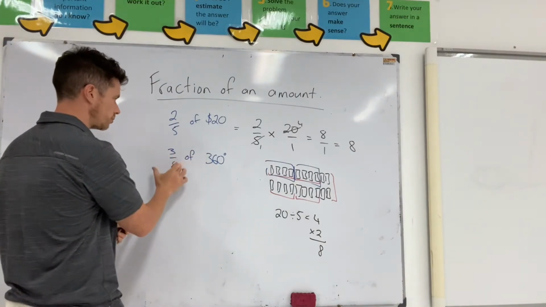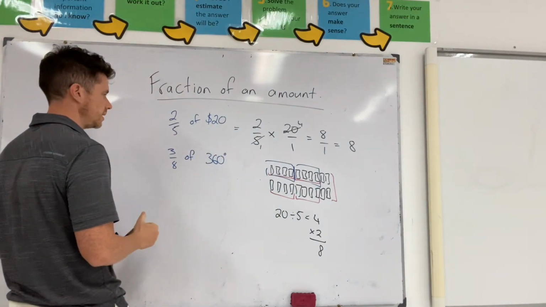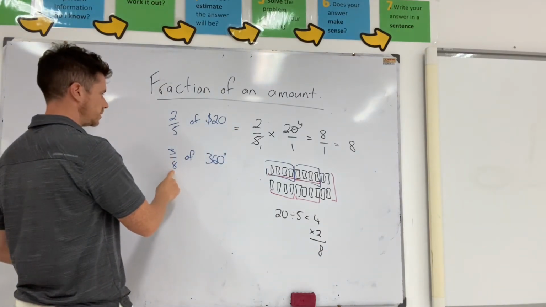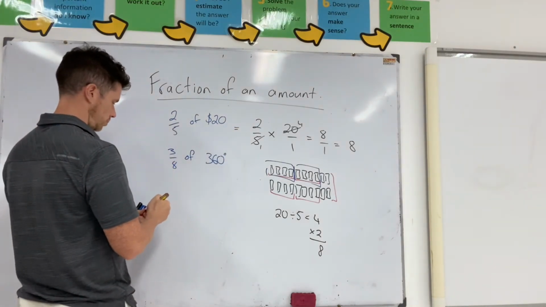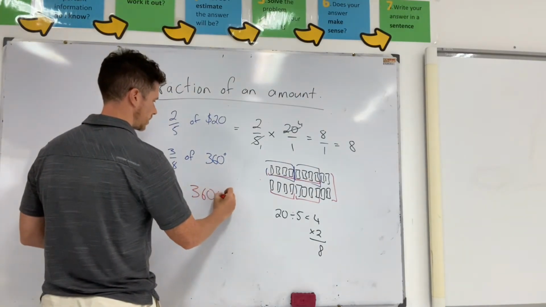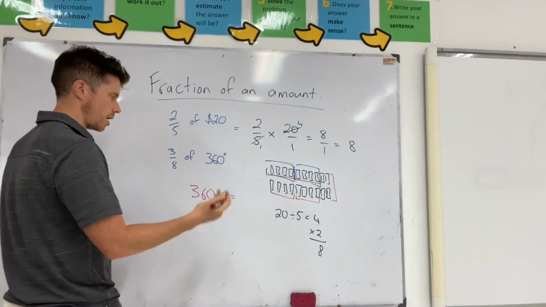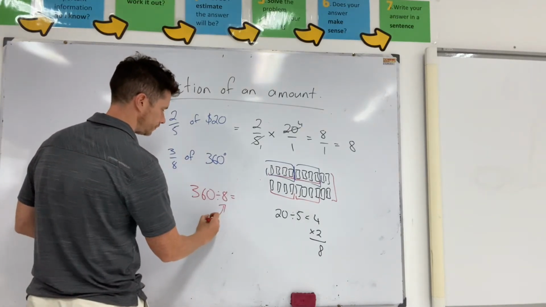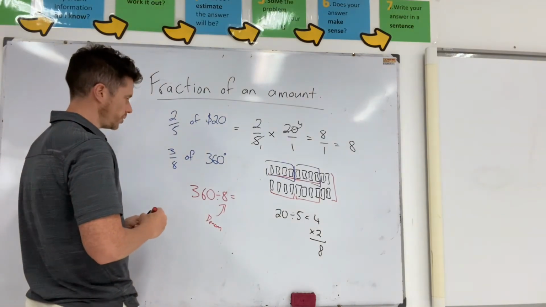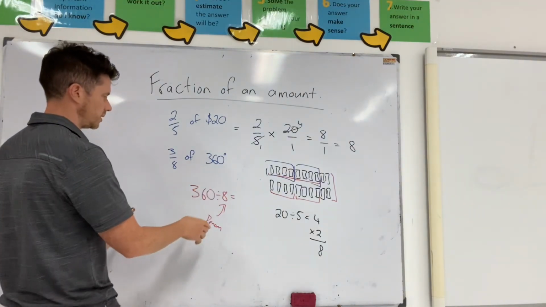If I want to get 3/8 of 360, instead of doing the method with the fractions, I'm going to divide just by 8 and multiply by 3. So 360, I'm going to divide it by 8, the denominator, and then I'm going to multiply it by the numerator in a second.